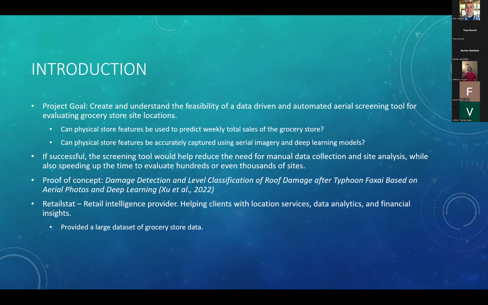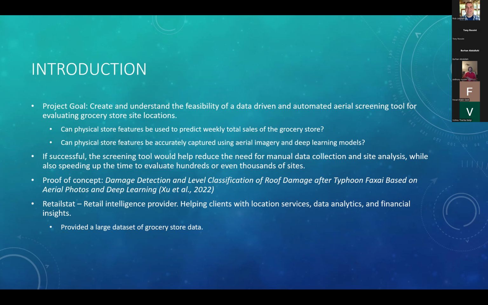In a very simplistic way, what that means is I wanted to take an aerial image of a grocery store and put it through some predictive modeling, which included a regression model and a deep learning model, to help us estimate, number one, how well that grocery store does in weekly total sales.